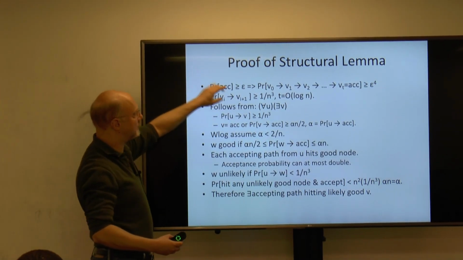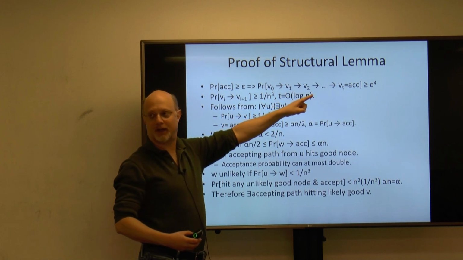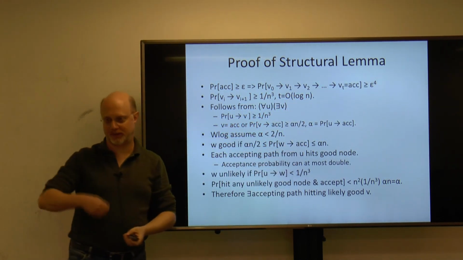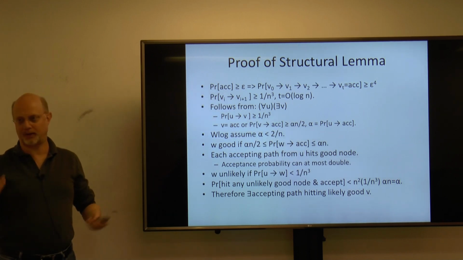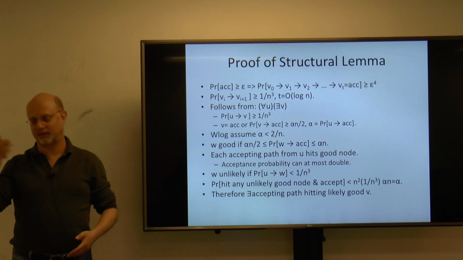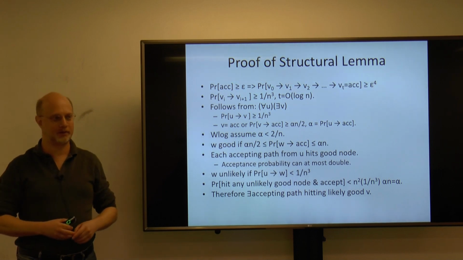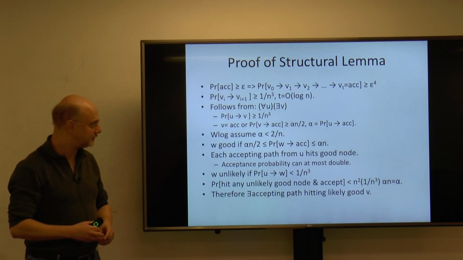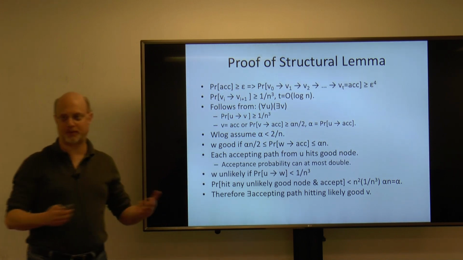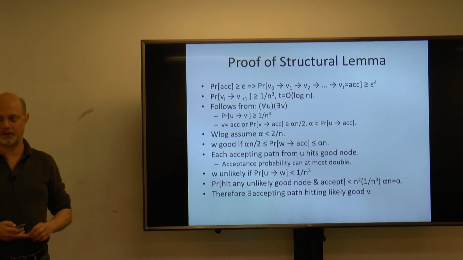And here's where we use that it's n over n to the minus log n, because we only have to repeat it log n times. But it would work even for smaller epsilon. It would give log epsilon over log n. Okay, so that's the whole proof of the hitting set generator.